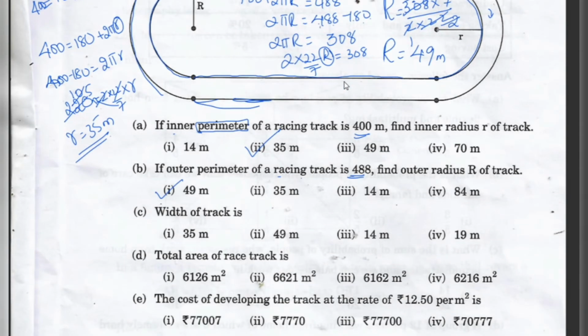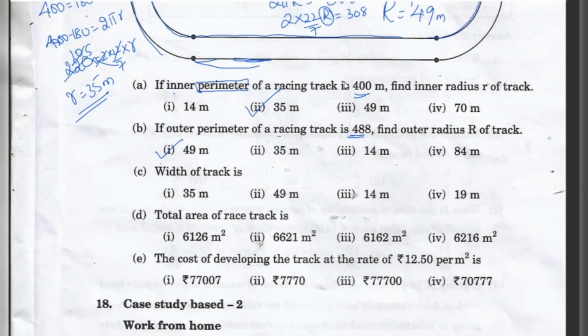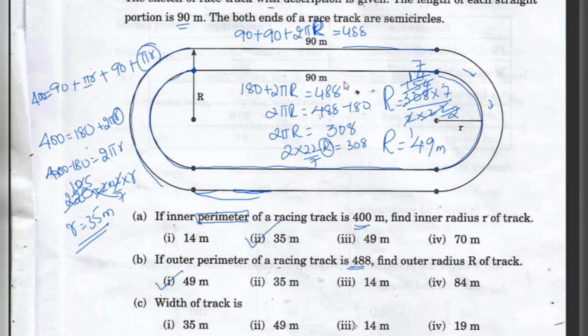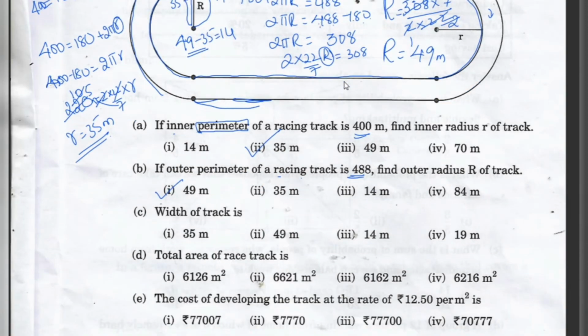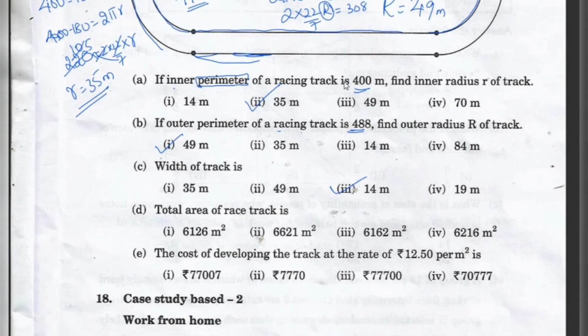So option 1, 49. Width of the track. Let's check this part here in the track. You can see from here to here it is 49, and this track, only this part, the inner one, is 35. So the radius capital R minus small r will be our width of the track. 49 minus 35 is 14, so you get 14, option 3.